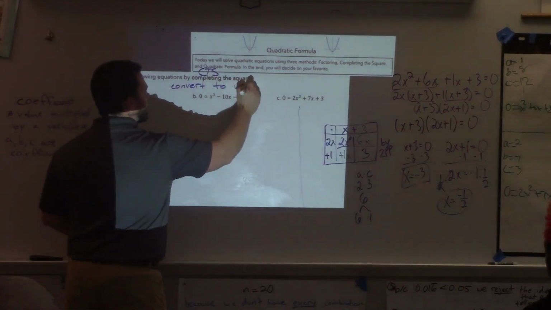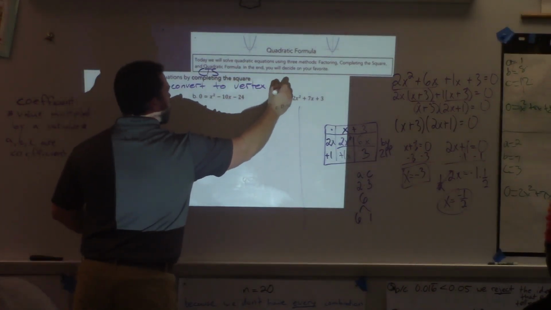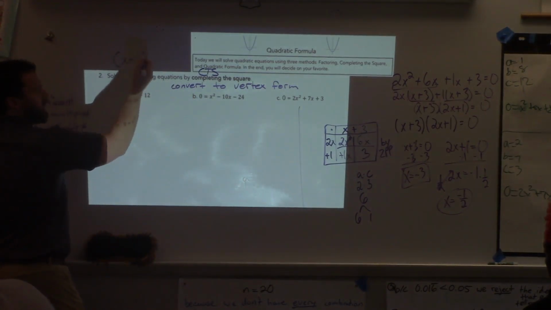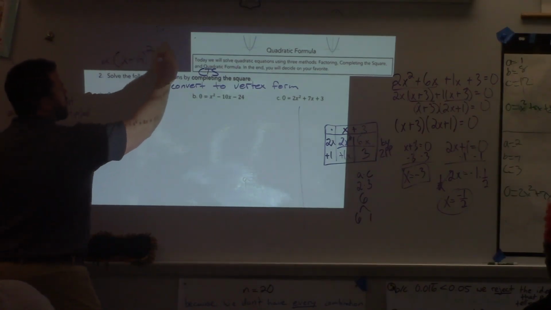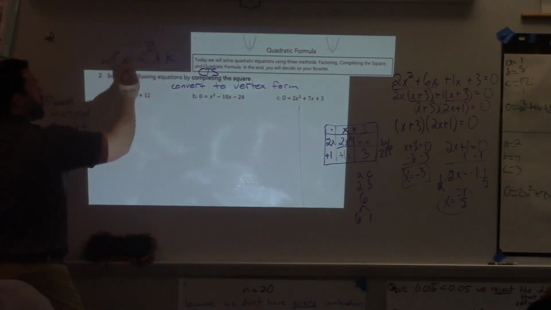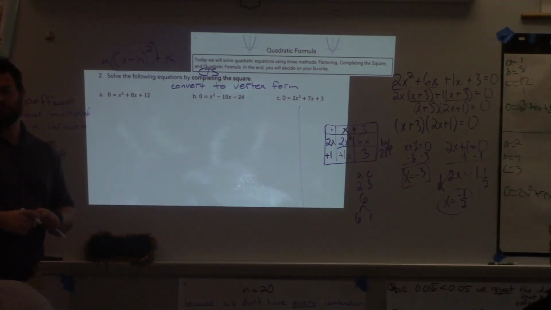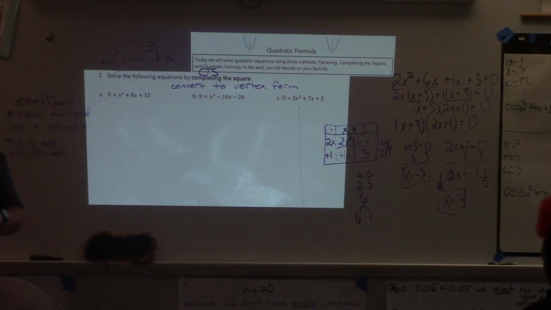To vertex form. The reason why it's called completing the square is because you literally get x minus h squared. When you complete the square, you are creating what's called a perfect square trinomial. Rather than memorizing a new technique, we're just going to convert to vertex form.